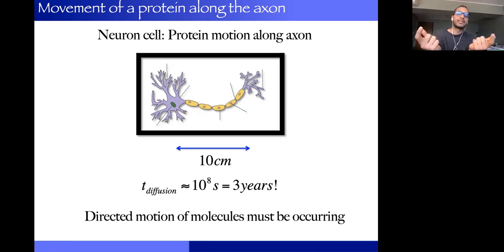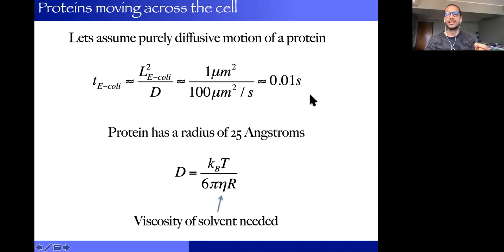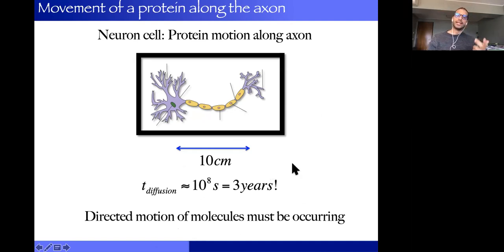If I ask how long it would take for this protein to diffuse along this 10 centimeter axon tube, with a time scale of 0.01 seconds, you get a number like 3 years. So the moral of the story is that if proteins were diffusing via Brownian random walks in response to biological processes, basically we would all be dead. There must be something else going on.